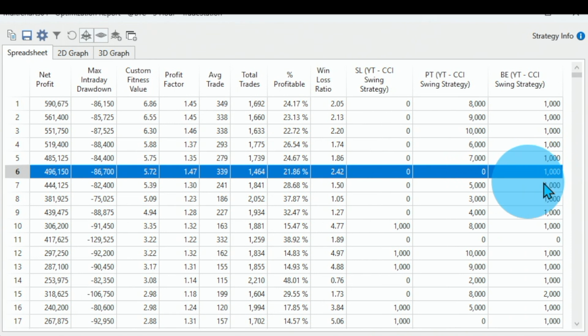You can see that in this one, we are not using a profit target. We are only using a break even, and we enhance our strategy significantly. So this could be a really good choice. But because all the top strategies use the break-even 1,000, I'm very comfortable with fixing the 1,000 and then picking one of these. So you see the sequence of events.